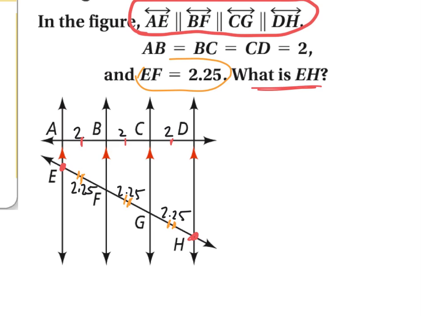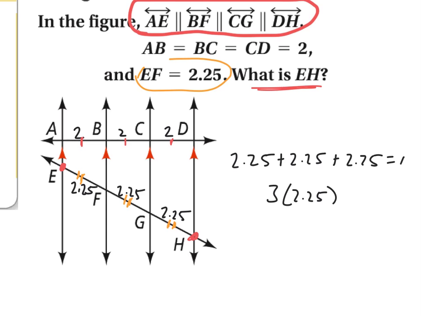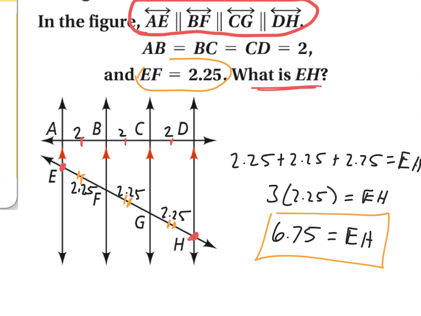So I need to take 2.25 plus 2.25 plus 2.25, or 3 times 2.25, right? And that's going to be E to H, and you're telling me that that is 6.75? Yep. Excellent. That is our distance from E to H. Okay? Any questions on that example?